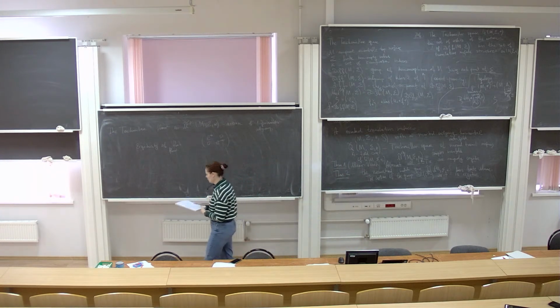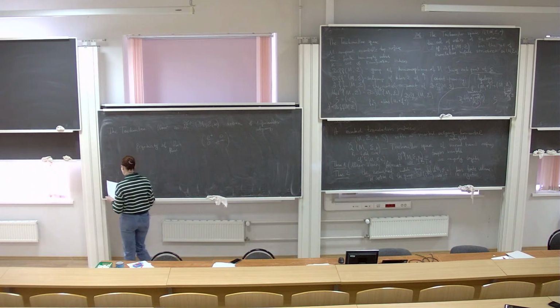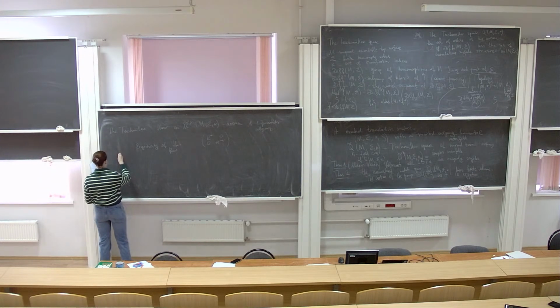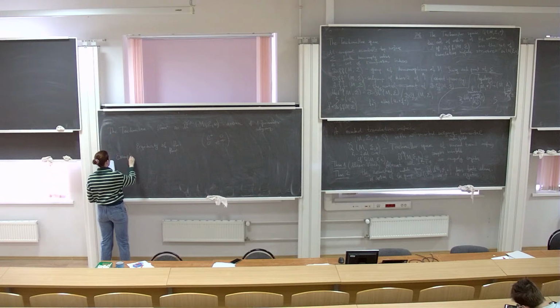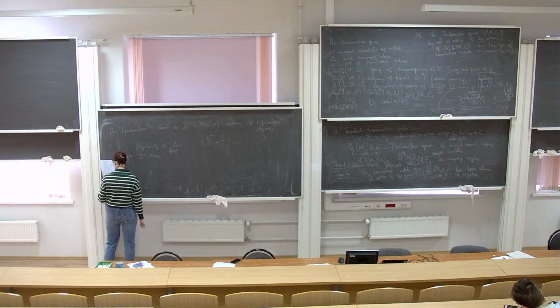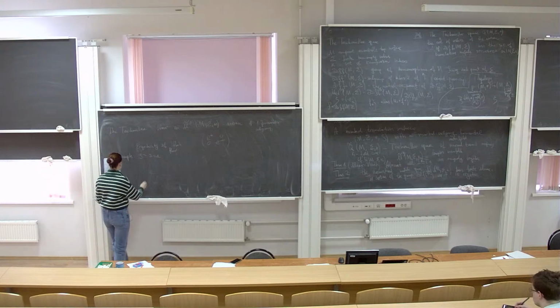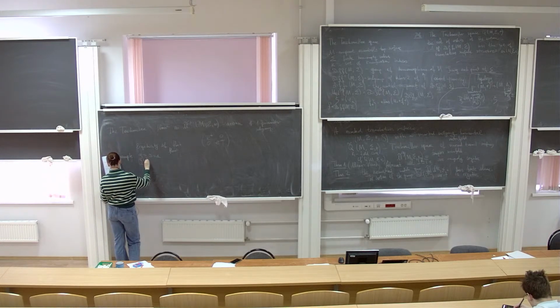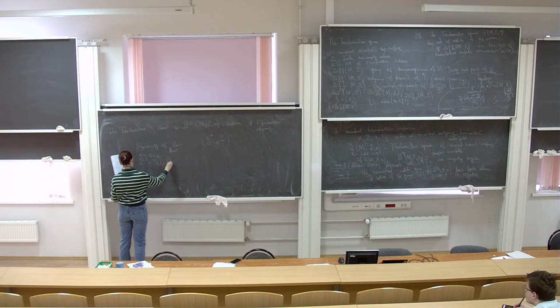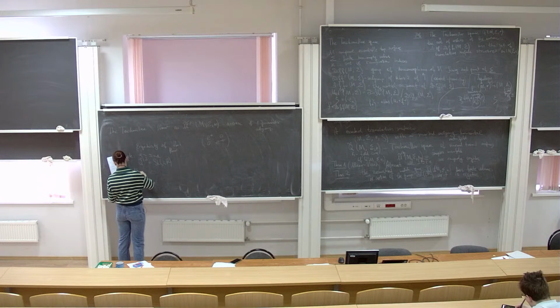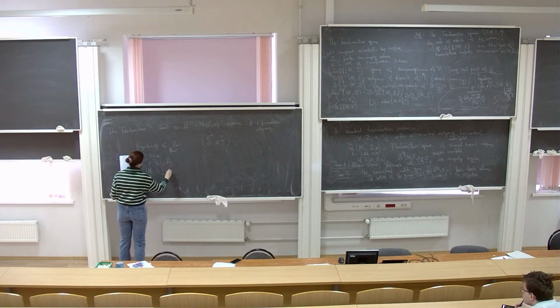Now I told you that we want to take a brief look at the example when everything is 1. So in this case, our Q1 is nothing else but SL2R, and mod is SL2Z.